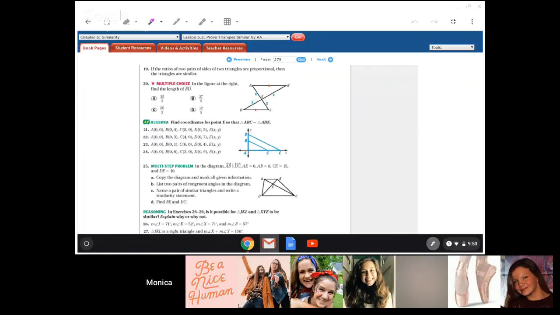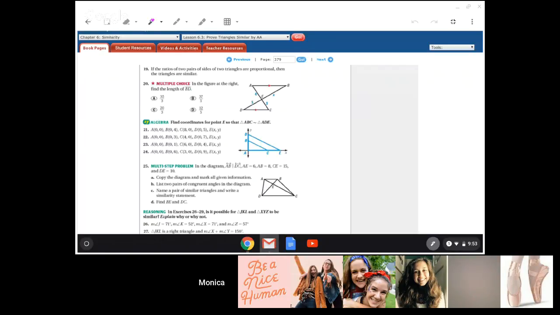So Campbell, did you mark up the picture with all of the information that's listed in the beginning? So if you marked your two parallel lines, then you have transversals there. So you can mark congruent angles from that, right?